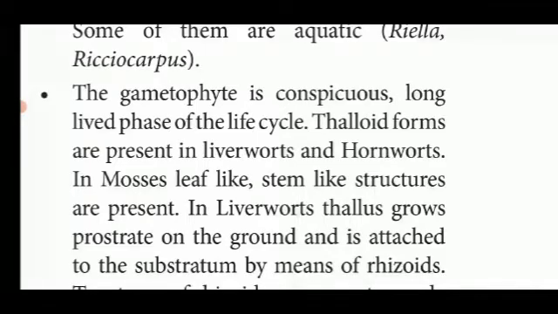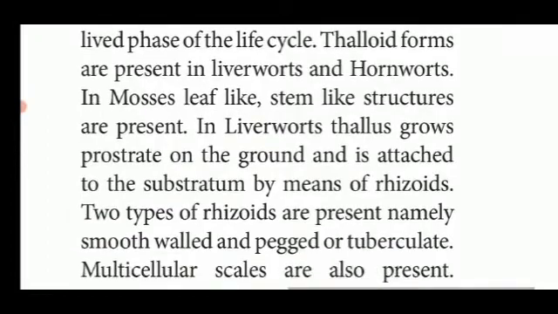The thalloid forms are present in liverworts and hornworts. In mosses, leaf-like and stem-like structures are present. The mosses are the most advanced group of bryophytes. In them the plant body is differentiated into leaf-like and stem-like structures.